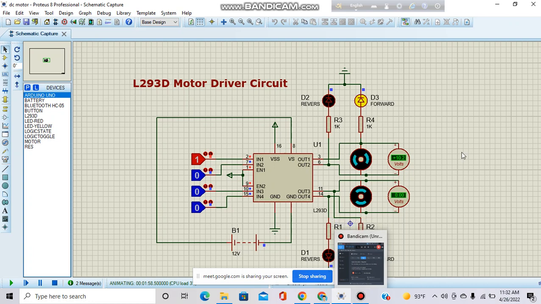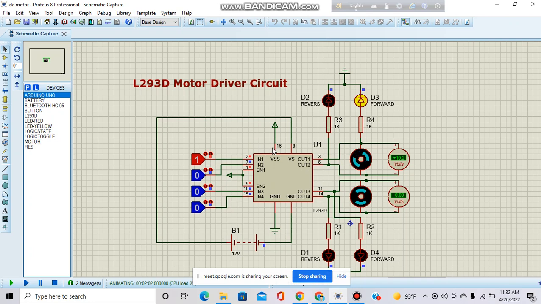As we can see in the circuit, when we have a high voltage in source number 1, the motor runs in the reverse direction with a voltage of 10 volts. When we have a high voltage in source number 2, it is now running in the opposite direction of the previous one, again with 10 volts but minus 10 volts.